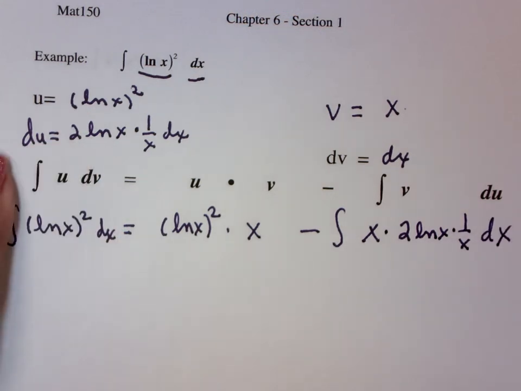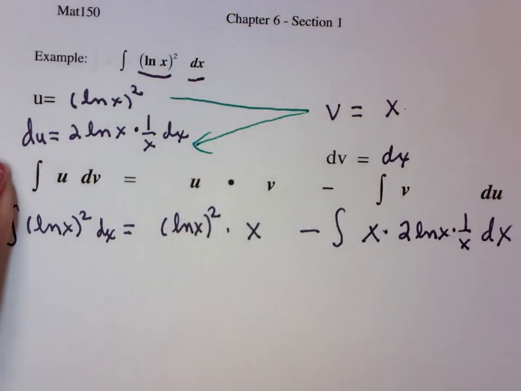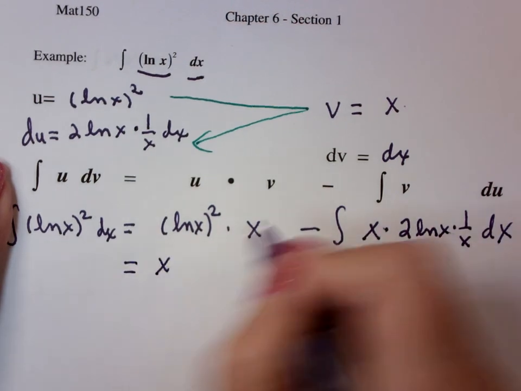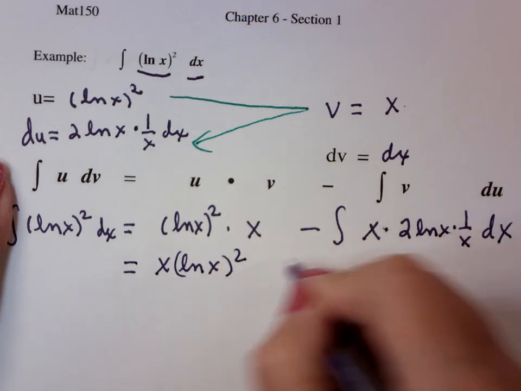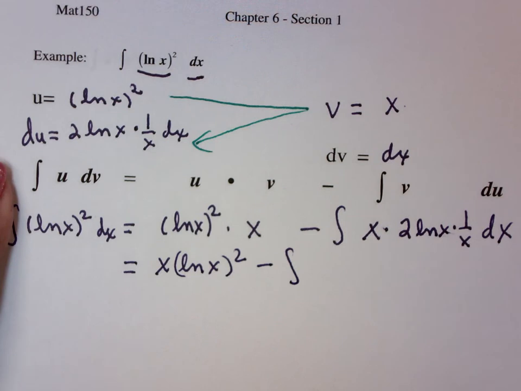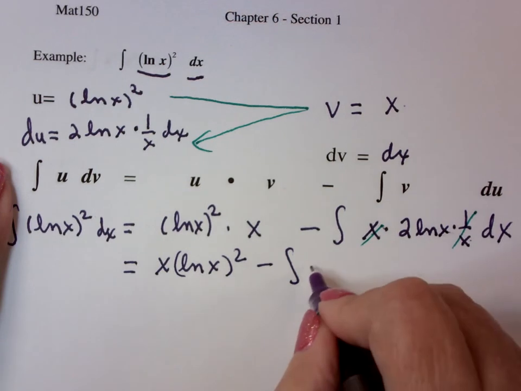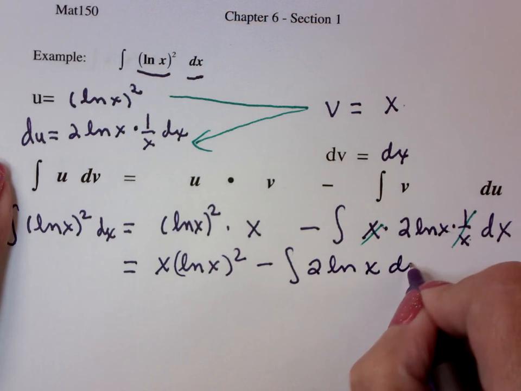So remember what I did is I 7'd it. Now I clean it up, so this is x, I like that in front, natural log of x, the quantity squared, minus the integral of, well, x times 1 over x, those reduce out. So I'm left with 2 natural log of x dx.